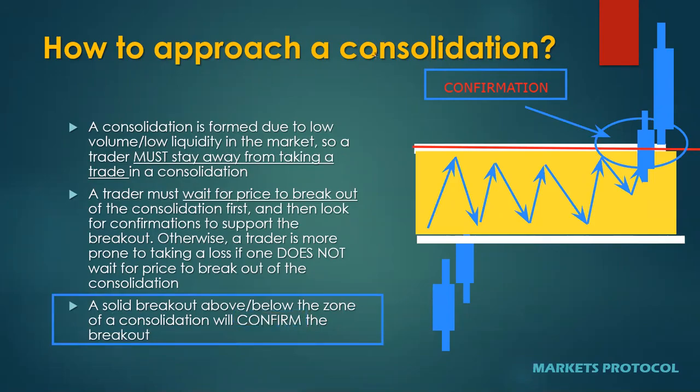Depending on the trend, you will either get a break to the upside or downside. If the price was previously trending bullish, there's a very high probability that we can go bullish as well. If price was trending bearish, then there's a high probability that you will possibly get a break to the downside or a continuation of the trend.